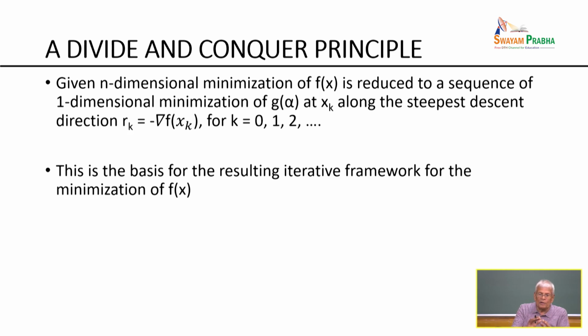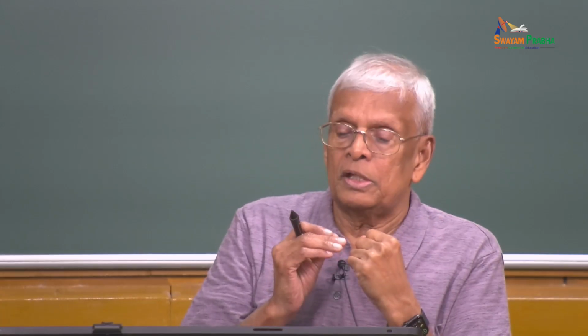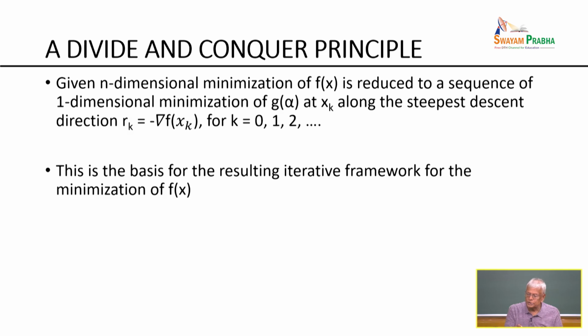So a good engineer, a good scientist would have a good working knowledge of where to start my search process. X0 is the initial point from which the search begins. So this is the basis for the resulting minimization.